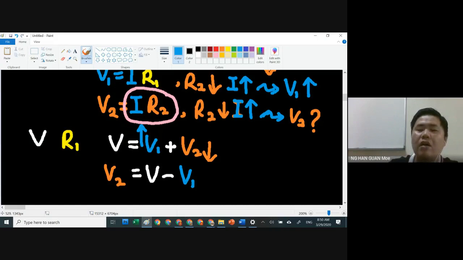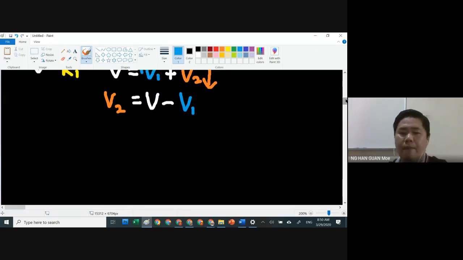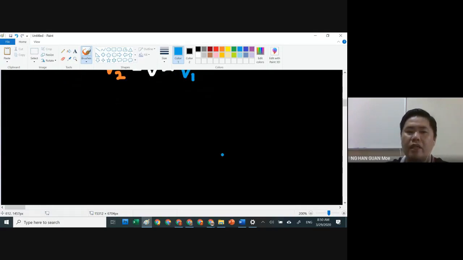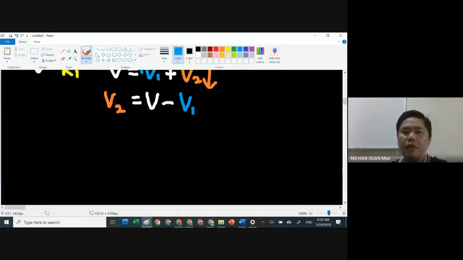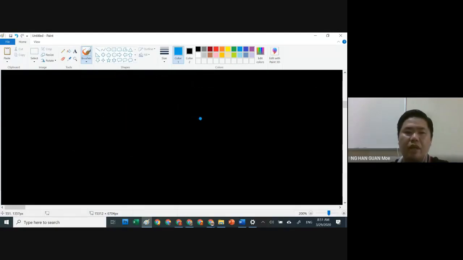Okay, so now I'm going to lead this into the understanding of the EMF experiment. So there you see what happened. I draw the circuit again. Please remember this: V2 actually equals the effective V minus V1. Now look at the circuit here. Just now our Ohm's law experiment circuit is like this.